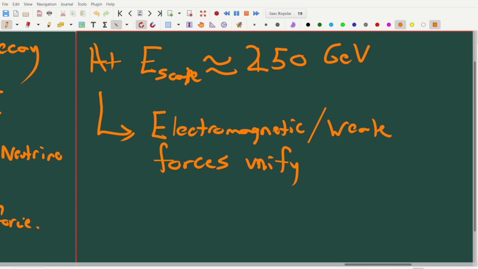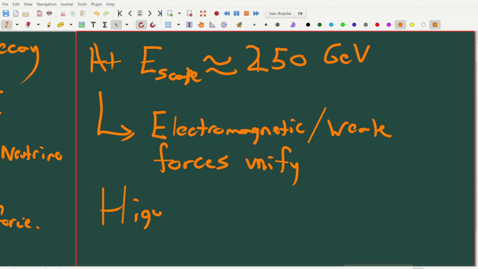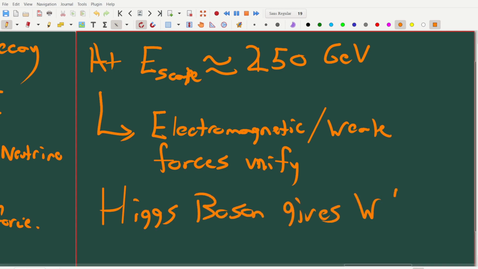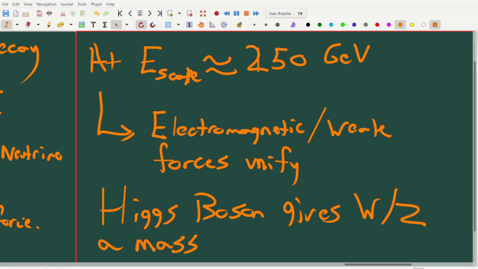That's the Higgs boson. The Higgs boson gives W and Z a mass. And it turns out that once you do the math of this, this propagates downwards.